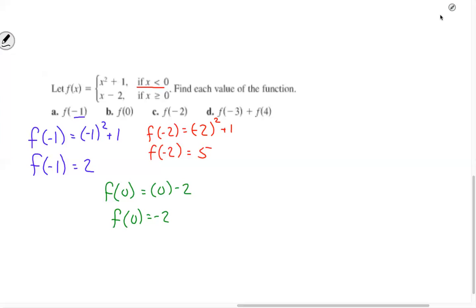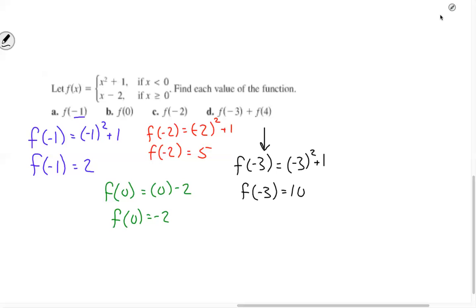Last but not least, how do I do f of -3? Well, -3 goes in the top one. So that's going to be equal to (-3) squared plus 1. So f of -3 is 10.